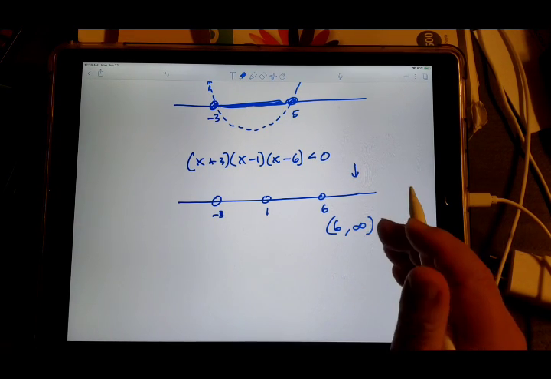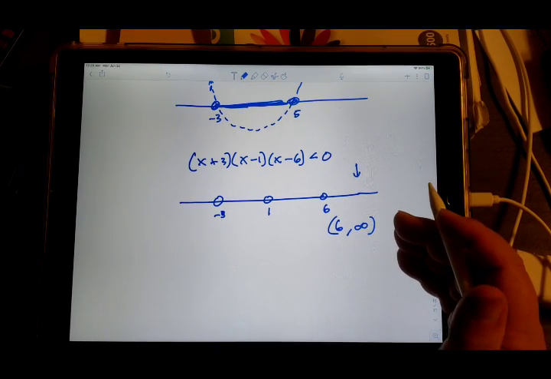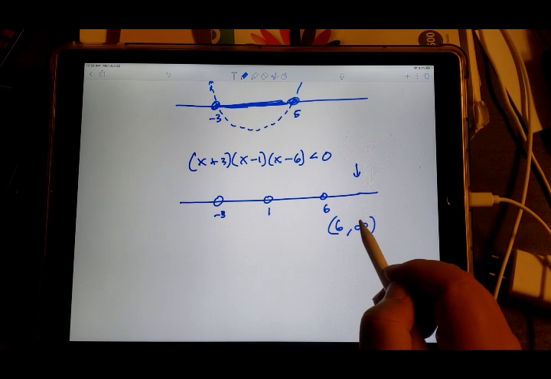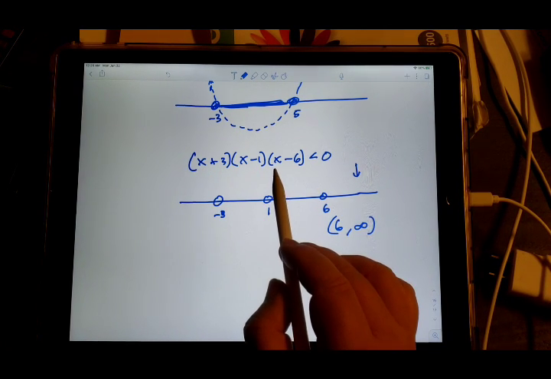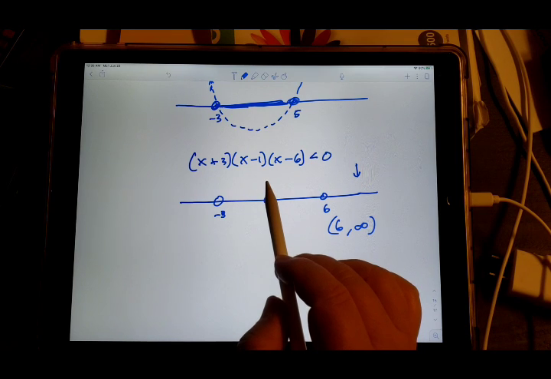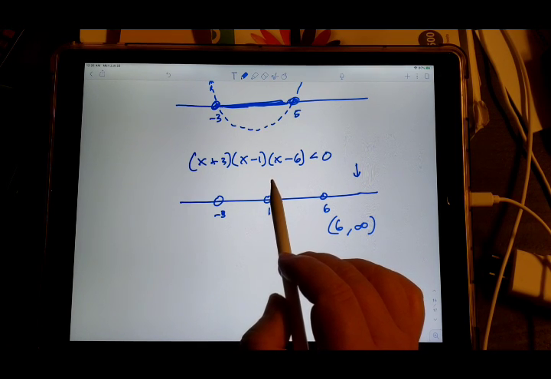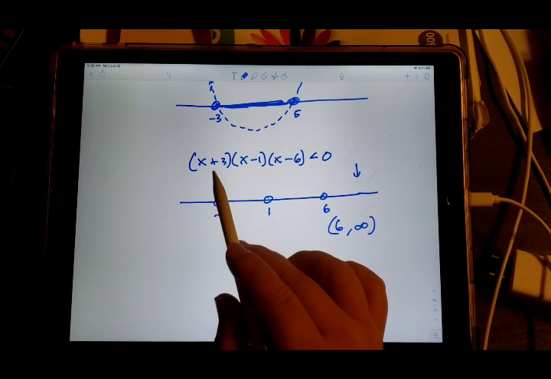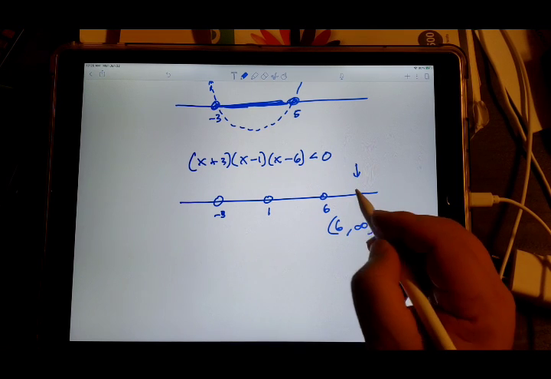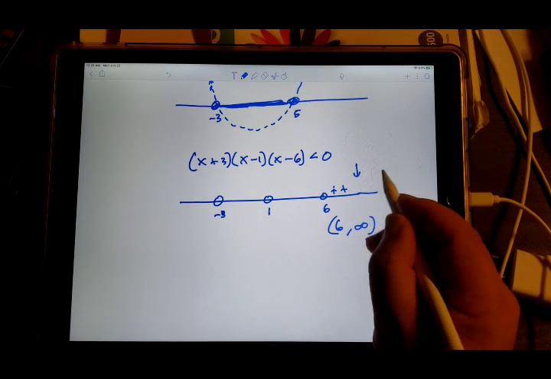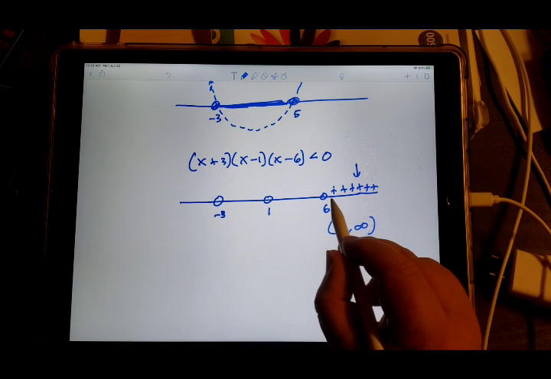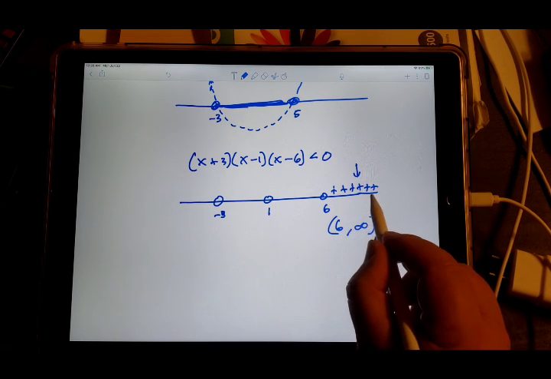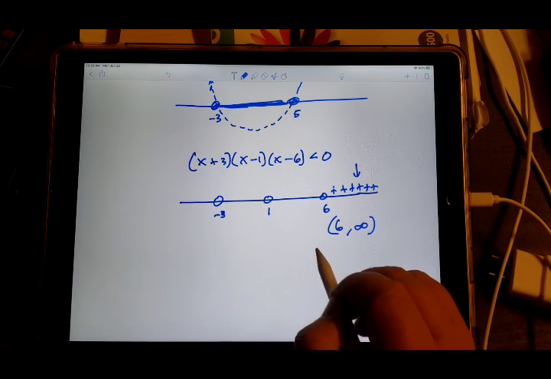If I pick a point like 10, I would get 13 times 9 times 4. The numbers aren't important, but the signs are. Notice I get positive times positive times positive. I picked 10 as the representative number, but the point is it's always going to be the same sign in this entire interval.